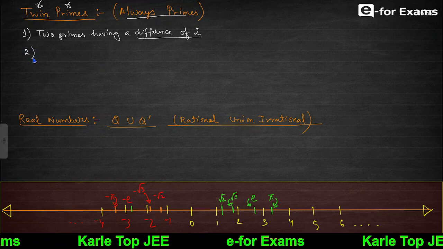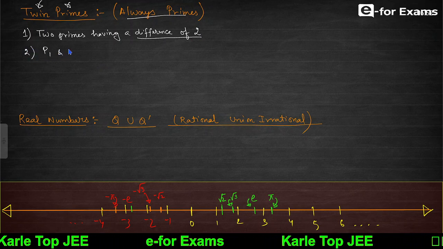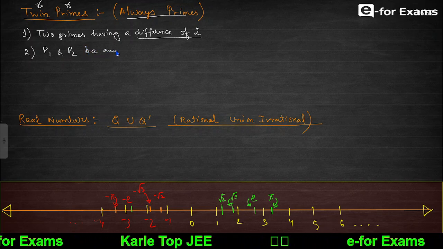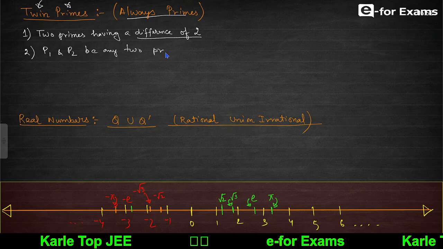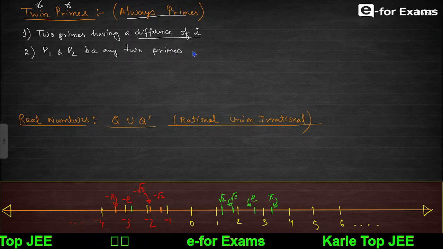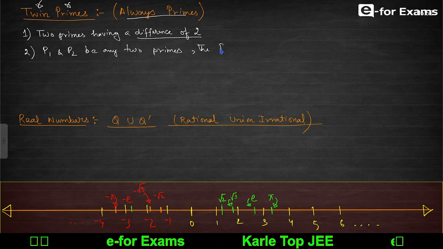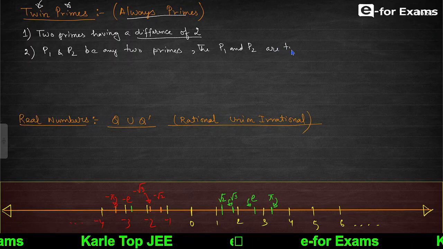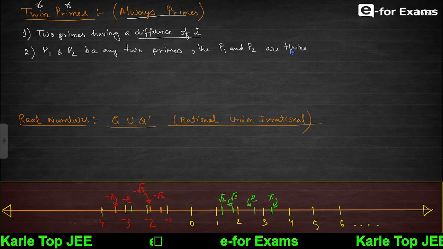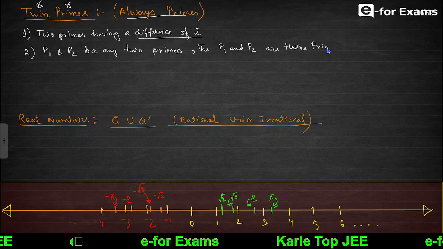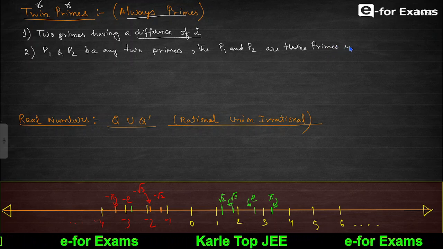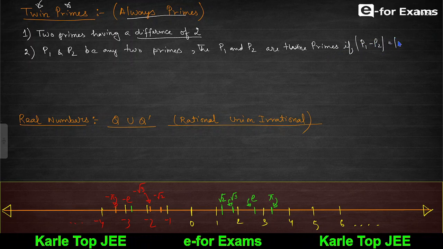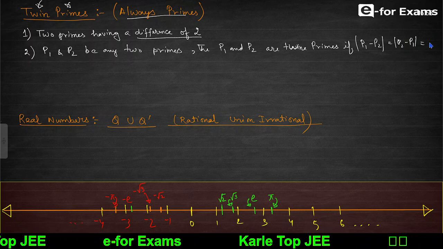Point number 2, if P1 and P2 be any 2 primes, then P1 and P2 are twin primes if P1 minus P2, or P2 minus P1, equal to 2.